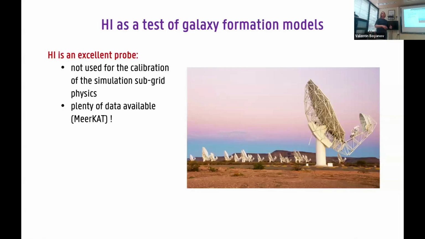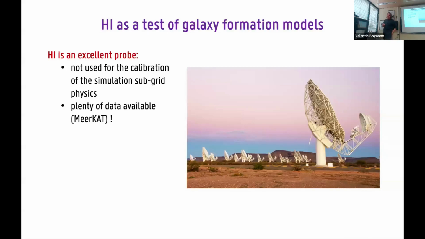So these simulations such as Eagle or TNG, they have a number of free parameters and they must tune them. And usually they are tuned to make sure that the galaxies they end up with have the right stellar mass distribution, stellar mass function. H1 never comes into play in this tuning of the subgrid recipes. So it's completely independent of that. And as such, it's a very independent test.